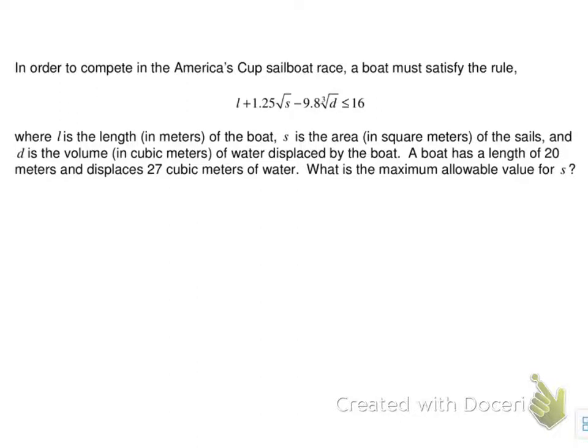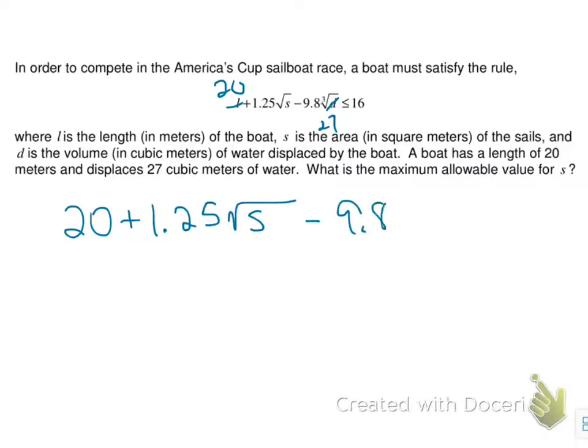So if a boat has a length of 20, I'm going to replace this with 20, displaces 27 cubic meters of water, so I'm going to replace D with 27. We want to find S. Okay, so I have 20 plus 1.25 square root of S minus 9.8 cube root of 27 is less than or equal to 16.